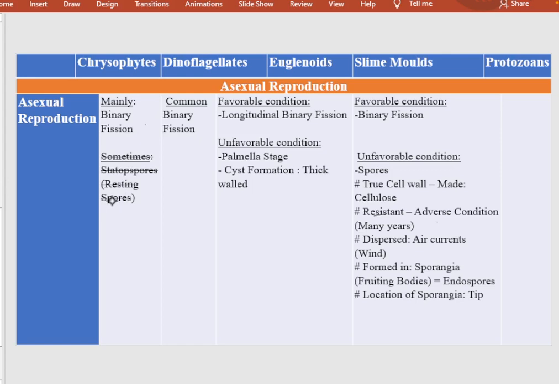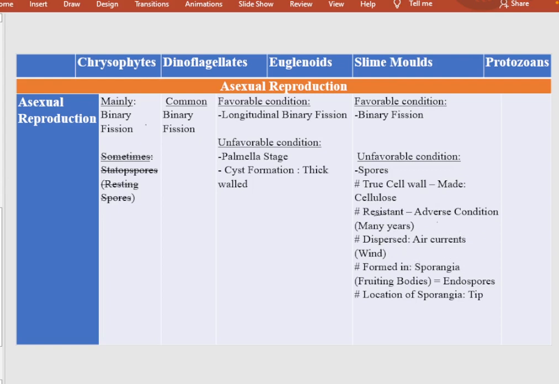Spores. So according to your information, which one is more important? Spore information is there in slime molds. Spores have a true cell wall made of cellulose, resistant to adverse conditions for many years. They are dispersed by air currents.